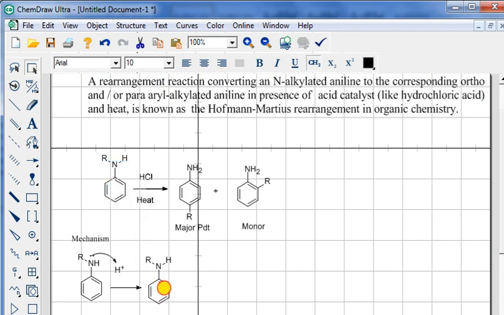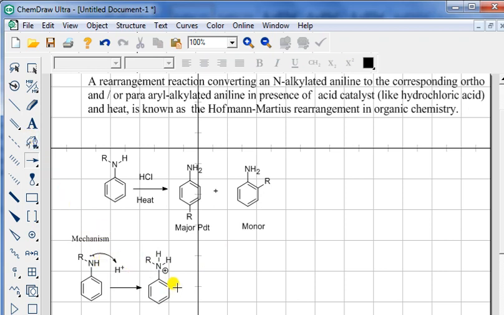Already one hydrogen is attached. This lone pair is given to here, and it comes up to here. It gives the new structure, this one. So we write another hydrogen here, and now a positive charge will come onto the nitrogen. Now see, HCl was in the medium, so H plus is abstracted by the amine.